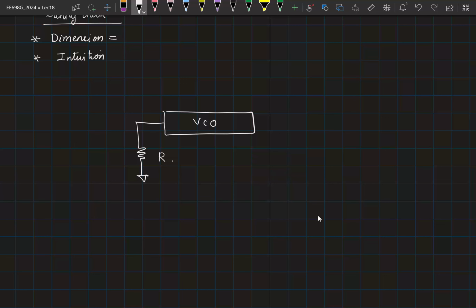Just a resistor R, with a variable current flowing through it. Why variable current? Vout will be changing. You'll expect to see a spread around f naught. Why? Because Vn is a non-deterministic noise signal that we are using.